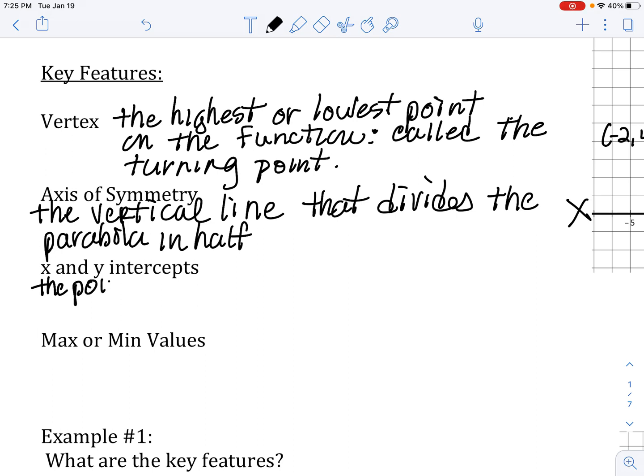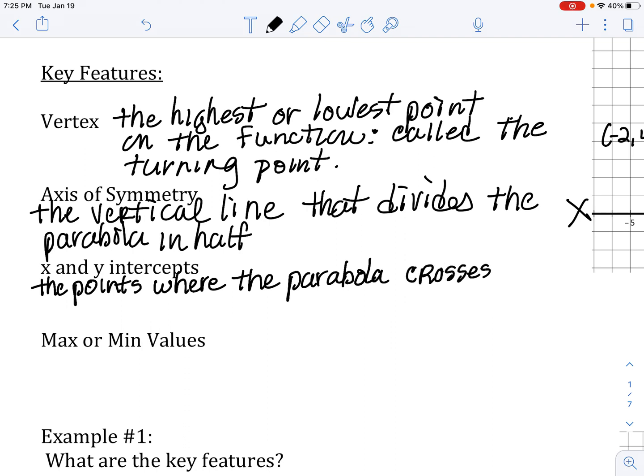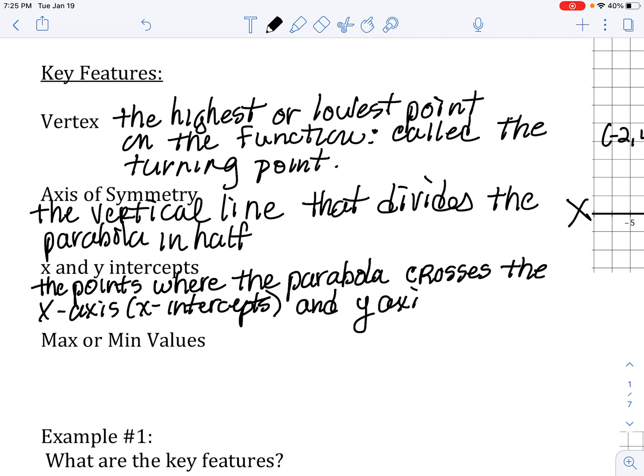So these are the points where the parabola crosses the x-axis. Okay, those are your x-intercepts. And the y-axis, that's your y-intercept.